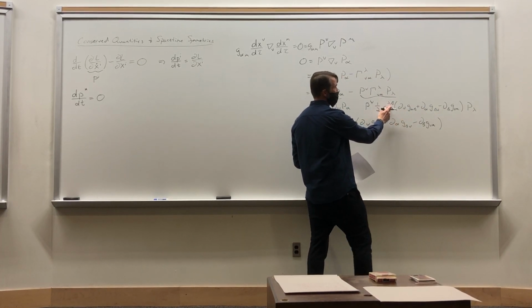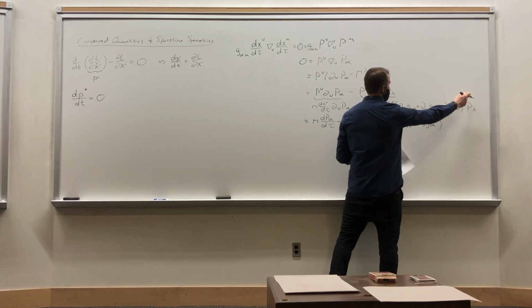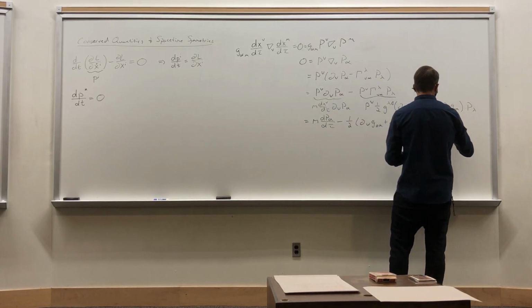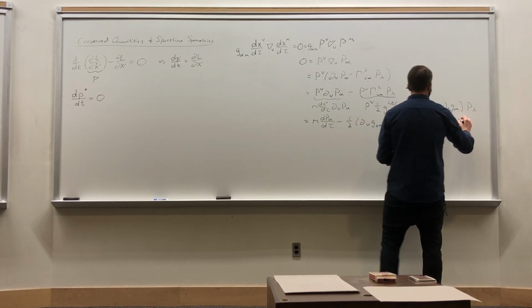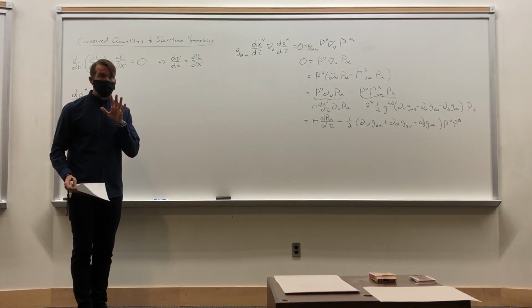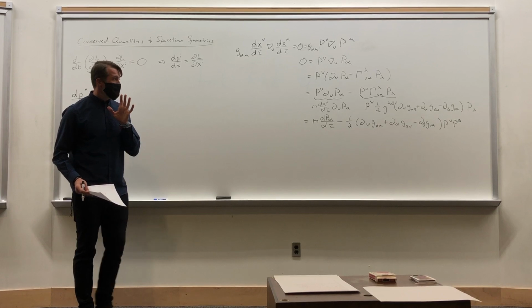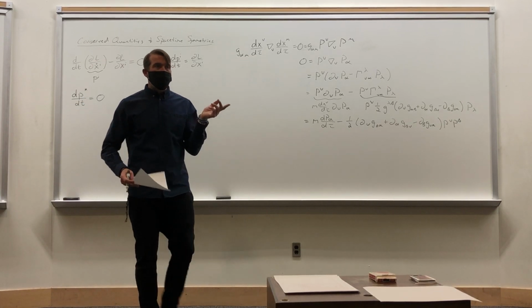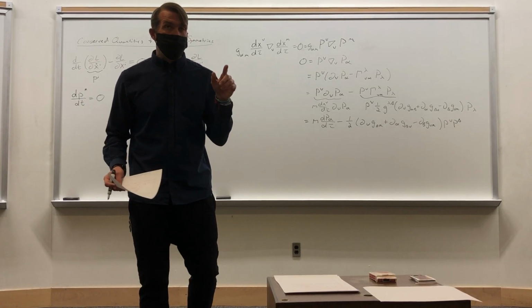Then I'm going to use this metric to raise that λ into a β, and so this is now going to have p^ν p^β. We good? Now there was a trick that I taught you a couple of lectures ago, and we're about to use it. You ready?